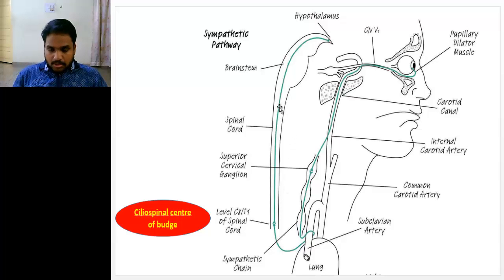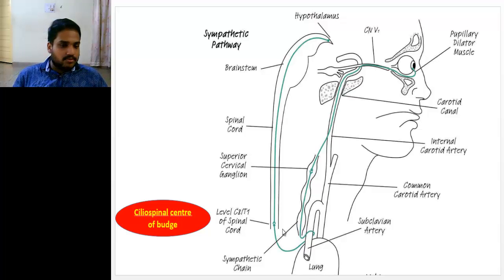Let us look. You have three neurons. First, the first order neuron. It begins in the hypothalamus. It comes downward without crossing itself, and it synapses in the intermediolateral horn of the spinal cord at the C8 to T1 level.